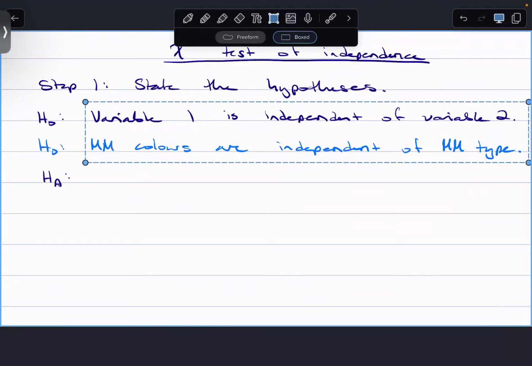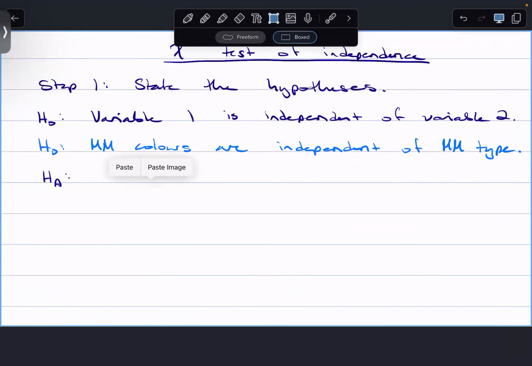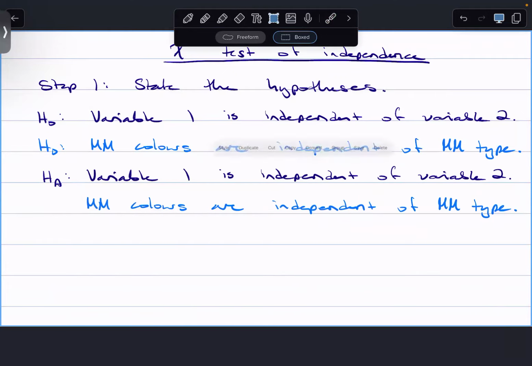Now, just as before, the alternative hypothesis is just going to be the negation: variable 1 is not independent of variable 2, and so the M&M colors are not independent of M&M type.